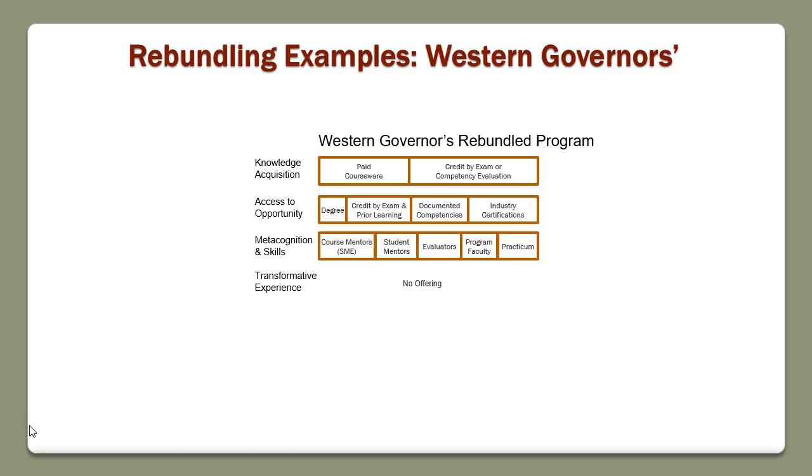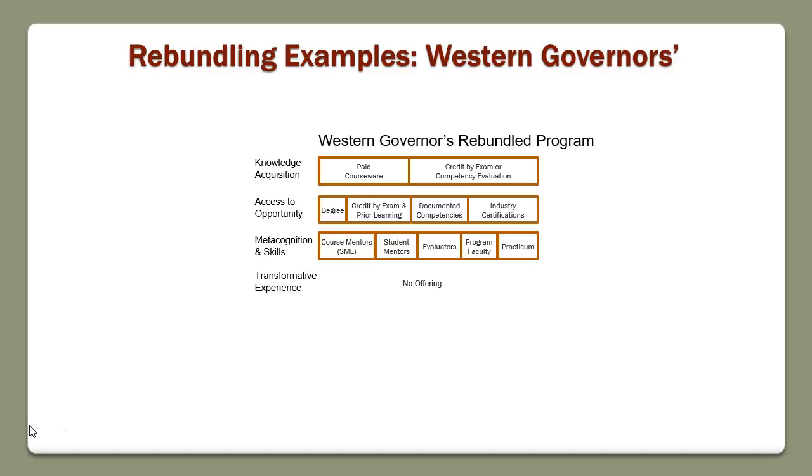But the student mentors in Western Governors model travel with the student between courses. So if someone takes a 2-year program, the student mentor will stay with them, and they'll meet with them weekly or bi-weekly. And then they've also separated out the evaluators, so that the people who are doing the grading, doing the assessment, are different from the people who are providing the suggestions. And then they have program faculty, and that really is kind of a replacement for a department head.